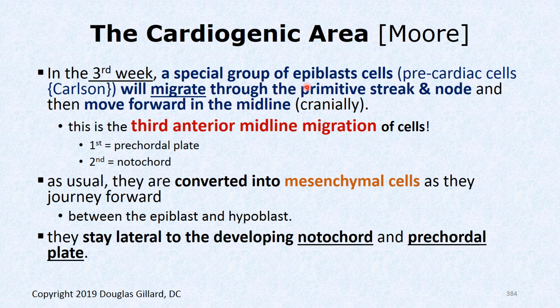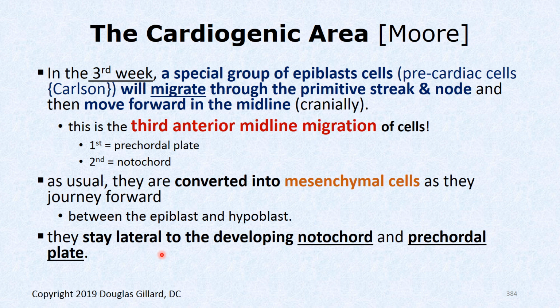And so these special epiblast cells, they're called precardiac cells, Carlson calls them, just like when we created generic mesoderm. Epiblast cells migrate through the primitive streak and primitive node. These guys are destined to become the heart and its vessels. They stream forward. This is the third wave that moves forward. They're converted to mesenchymal cells, just like the story when we talked about gastrulation and formation of the mesoderm.